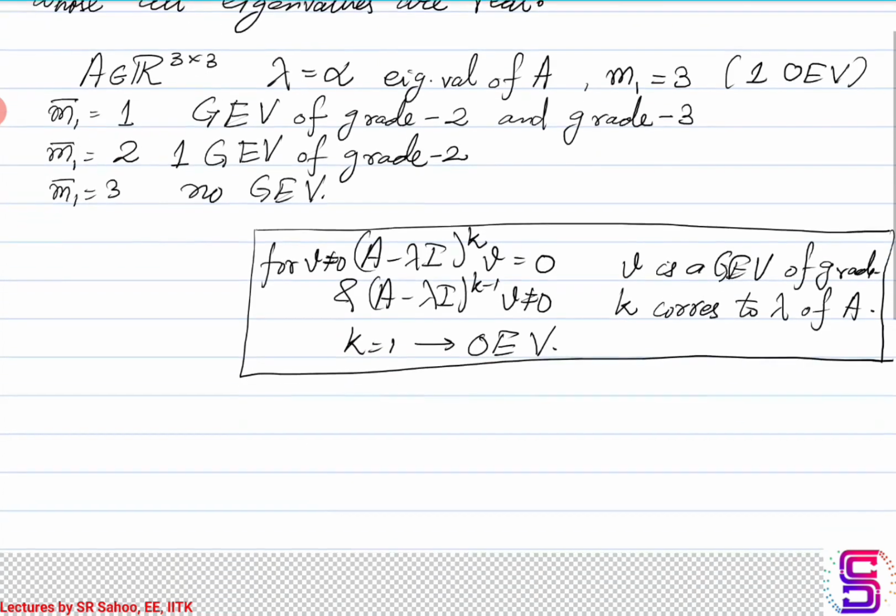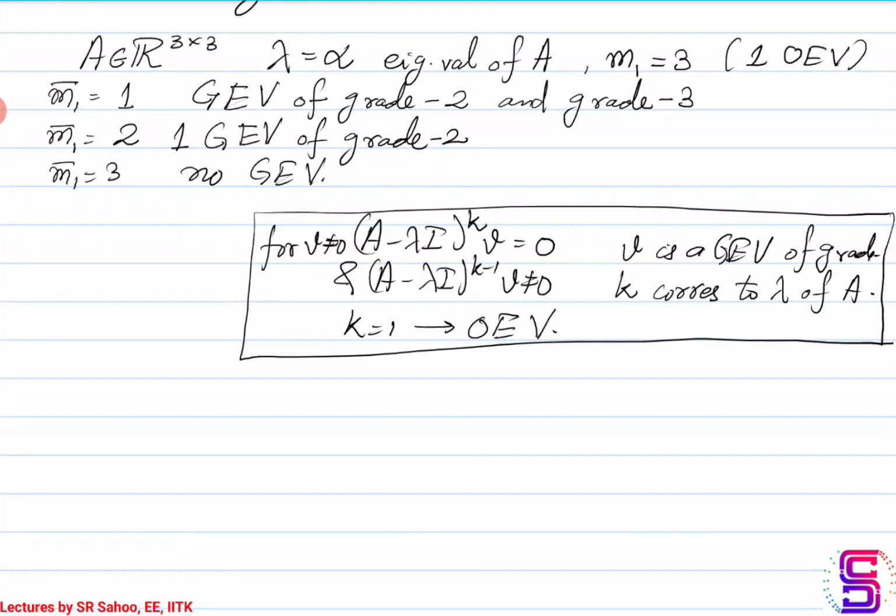Okay, now coming back to our discussion here. When M1 bar is 1, there are two GVs, one of grade 2 and one of grade 3, and you have one OEB.